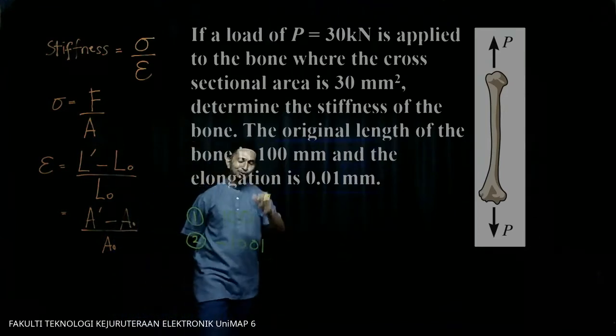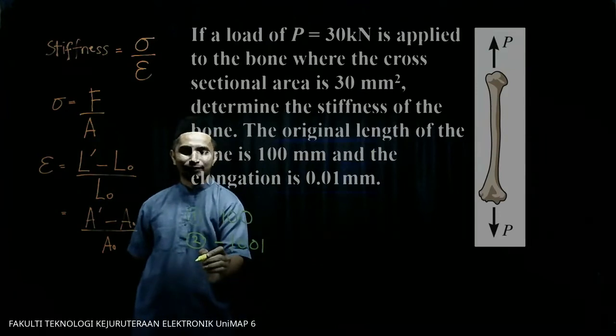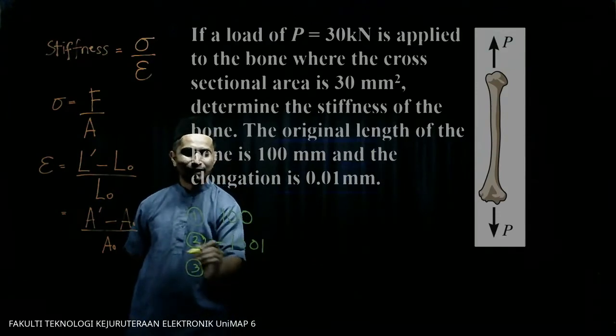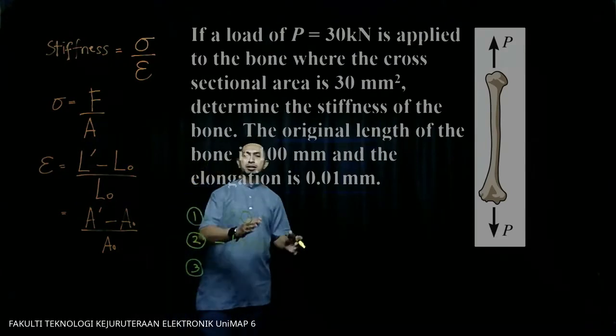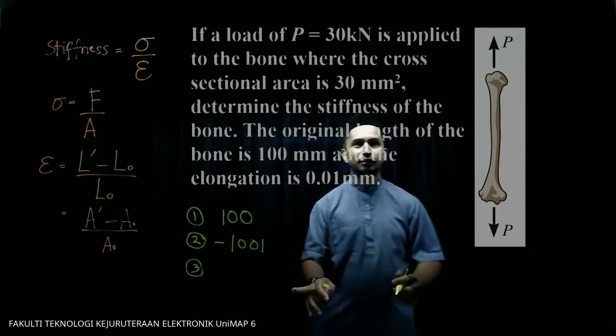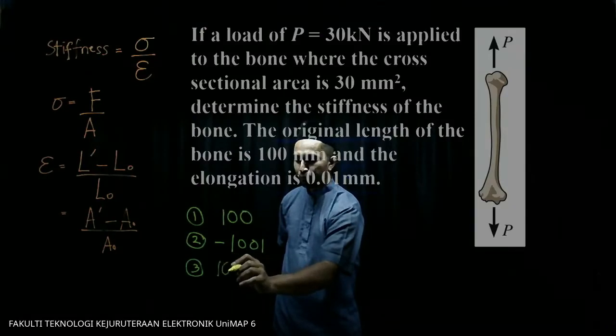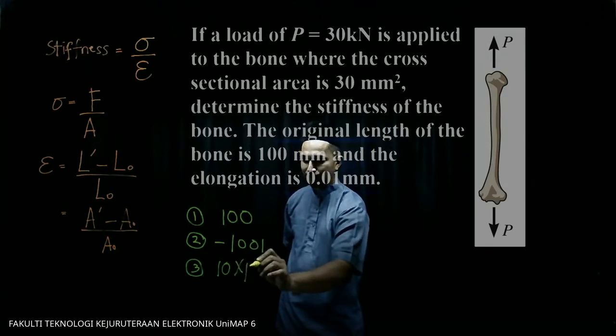I just told you. It will be different answer at the end. Okay. Then, next. Ada jawapan lagi? Is there any more answer compared to these two answer? 10 kilo Newton per m square. 10 kali 10 kuasa 3 lah.